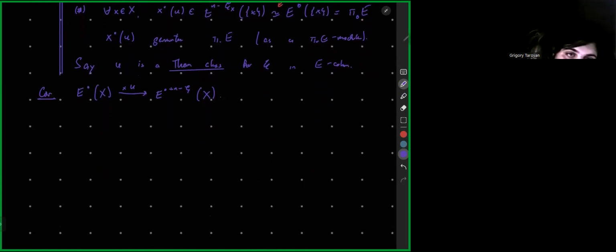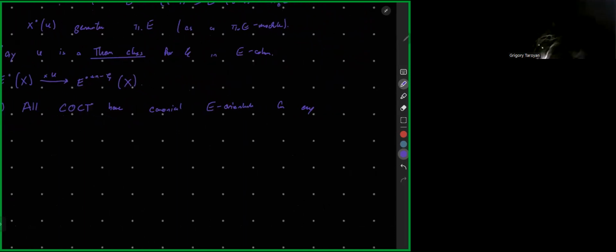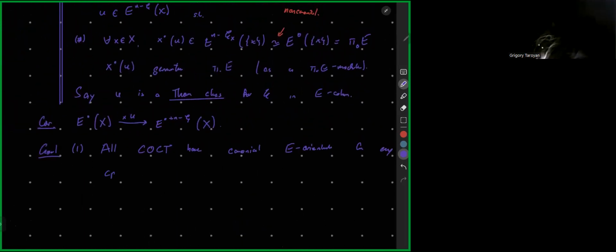So then the goal is twofold here. One, we want to show that all complex-oriented cohomology theories have a canonical E-orientation for every complex vector bundle.